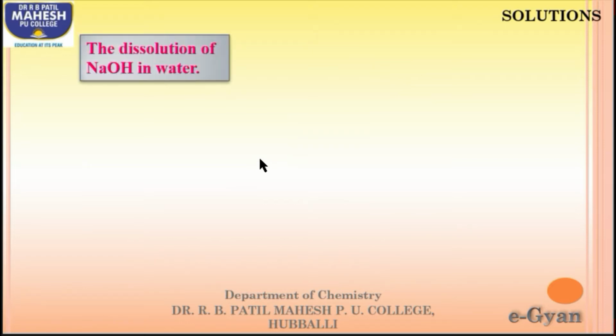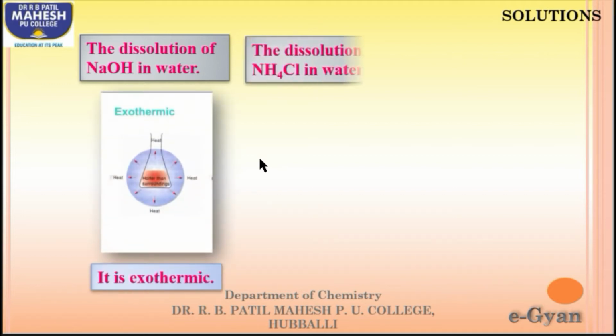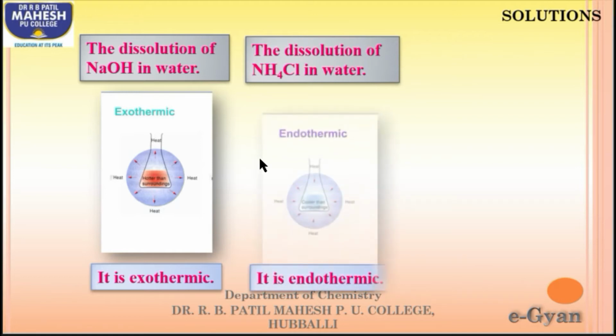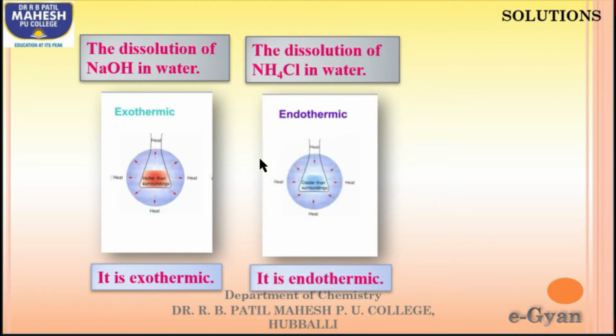Let us take the dissolution of NaOH in water and dissolution of NH4Cl, that is ammonium chloride, in water. In the laboratory, you have seen when you dissolve 1 or 2 pellets of NaOH in the water, the beaker temperature will increase.